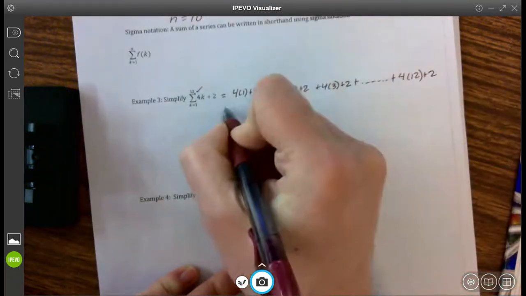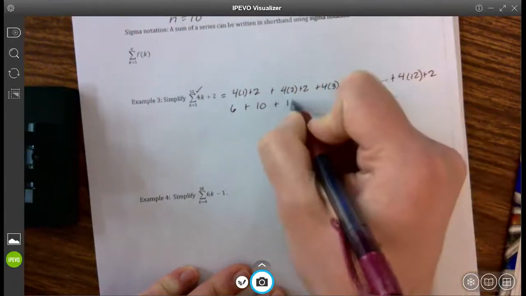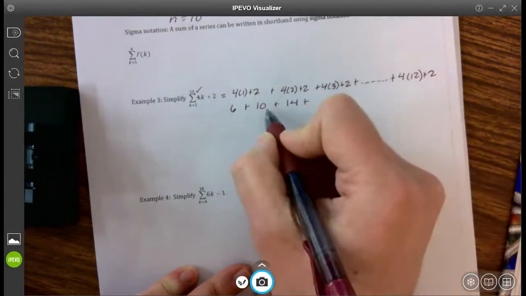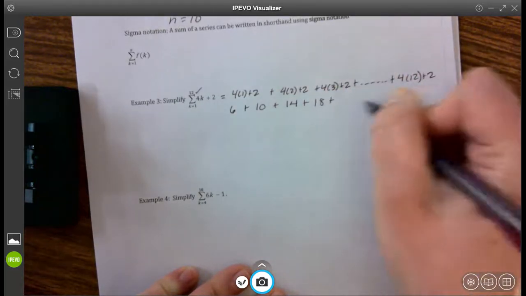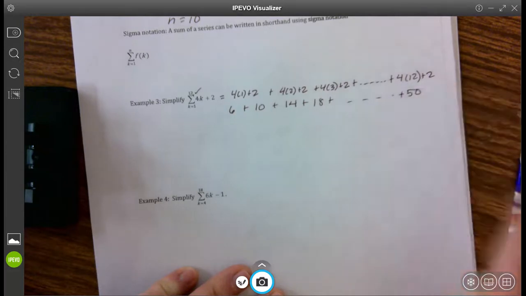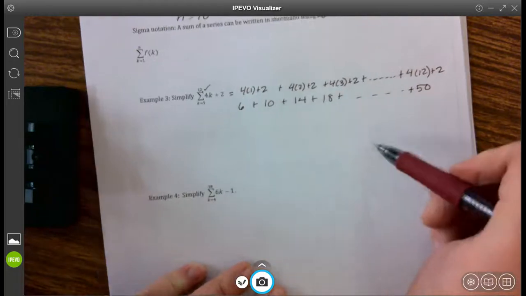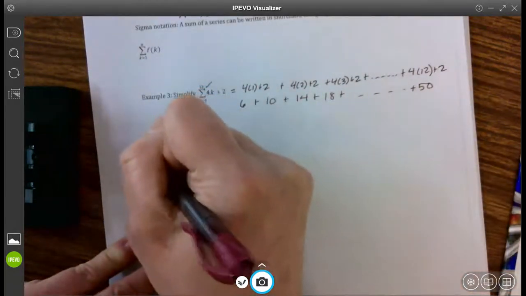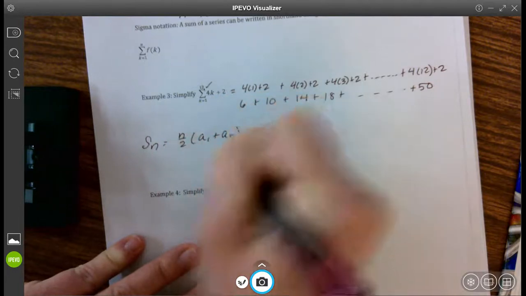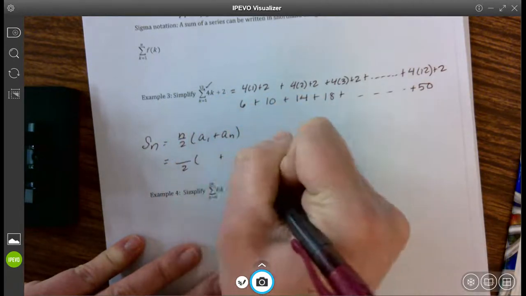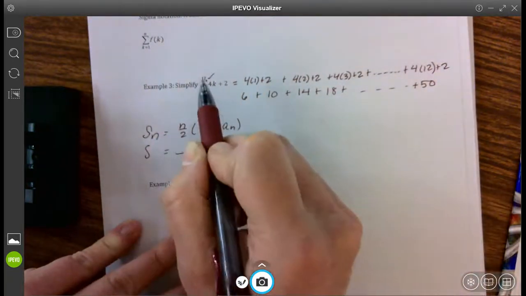So I will get 4 plus 2, 6, 10, 14. Oh, I see that I add 4 every time. 18, all the way up to 50. And then summation means you just add them all up. Well, an easier way to do that would just say, okay, use my formula. How many terms do we have? 1 through 12 is 12.